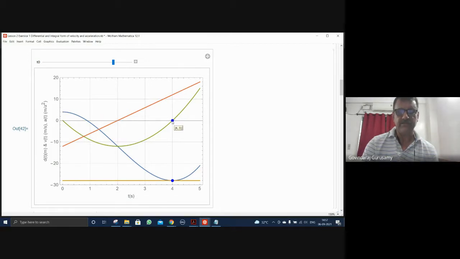This is the velocity 0. Then it is going up. That's the curve which you are getting. And you can locate this point. How do I locate it?